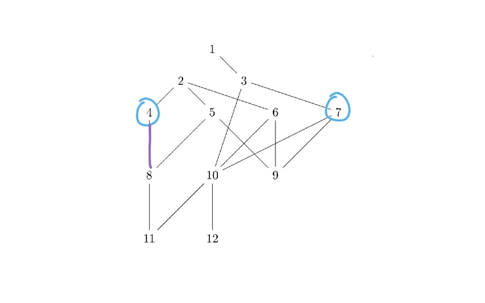So 8 is not going to be. What about 10? Well, 10 is less than 7, but I don't have a way to go to 4. So 10 is not going to be either. Let's see 9. 9 is less than 7, but I don't have a way to go to 4. So 9 is not going to be either a lower bound for 4 and 7.